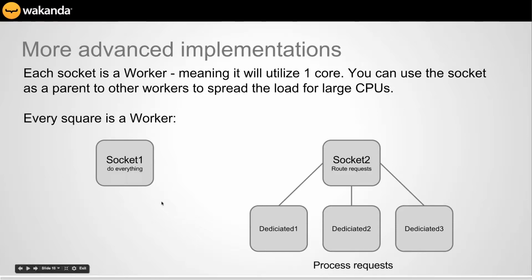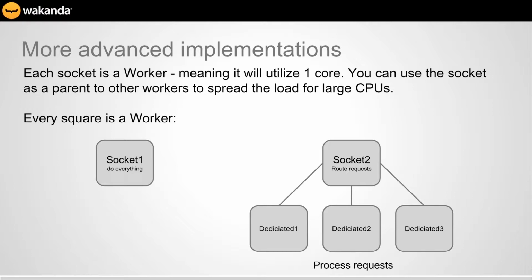What I showed you was basically one worker, which means that you're going to be utilizing one core on the machine, which for this use case is probably fine. But seeing as Wakanda is multi-threaded, if you're setting up a really robust socket-focused system, you would likely set it up more similar to the second example here, where you'd have your WebSocket worker routing work requests to other workers.